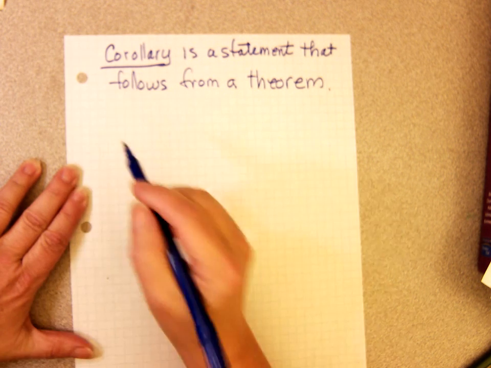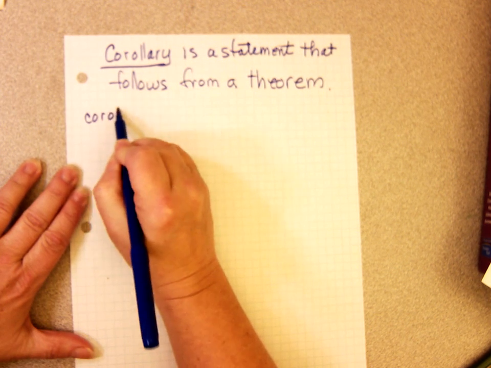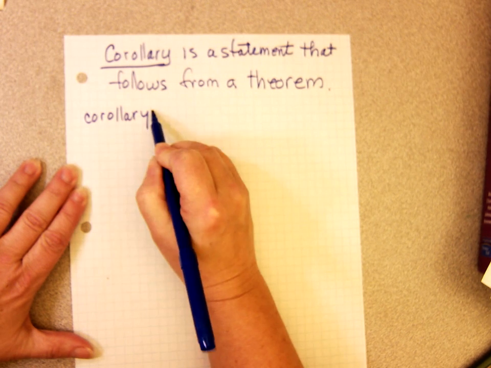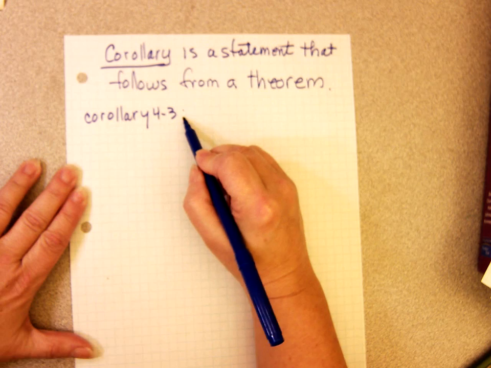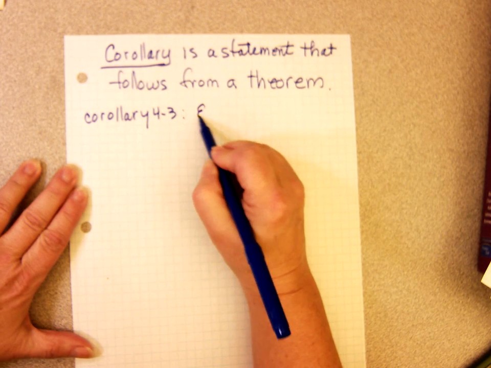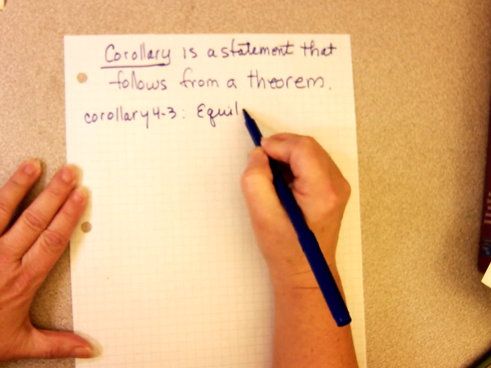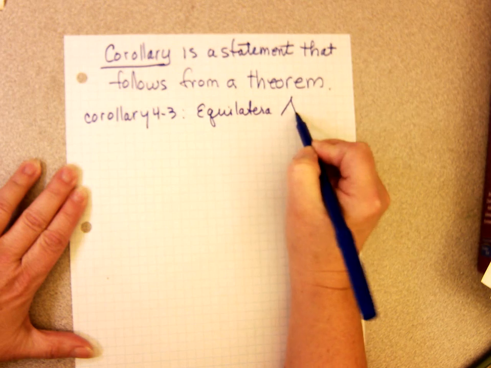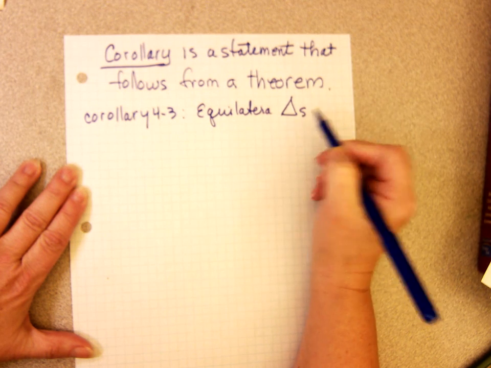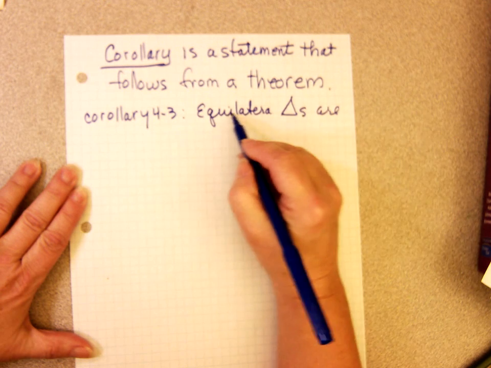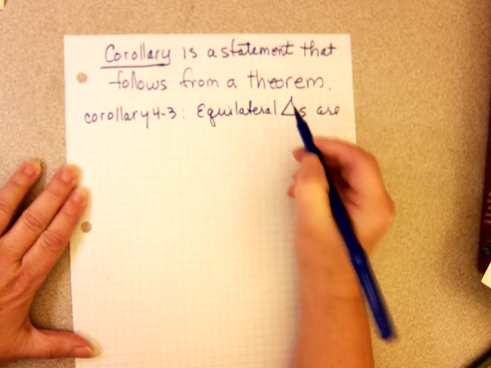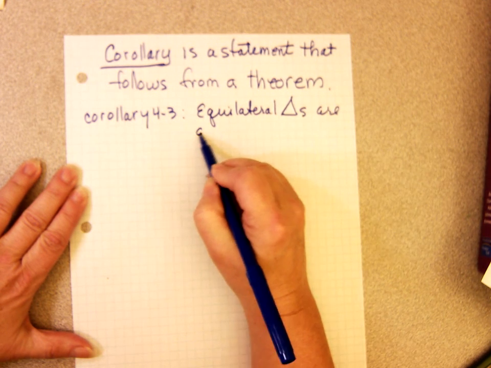I have two. I have corollary 4-3, which says that equilateral triangles are also, and we know this, we've talked about this, are also equiangular.